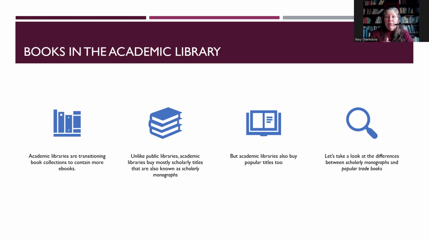While we do have some popular titles, and I'll show you those as we go into the different records, we do like to focus a little bit on academic work so that you can see what it looks like and differentiate between scholarly monographs versus more of the popular books that are published by big publishers that are also called trade books.